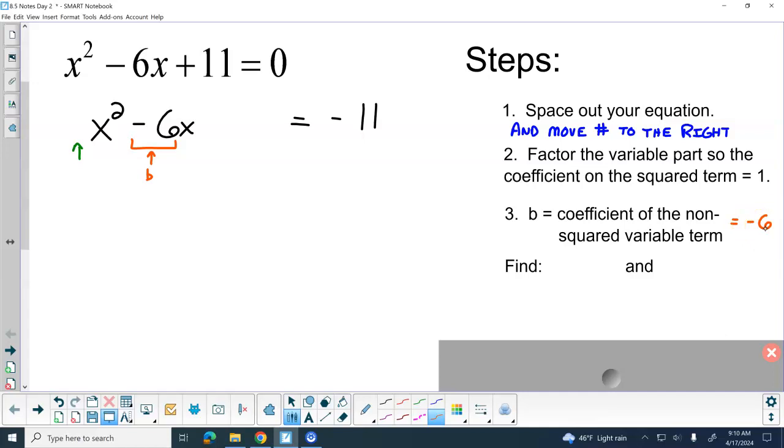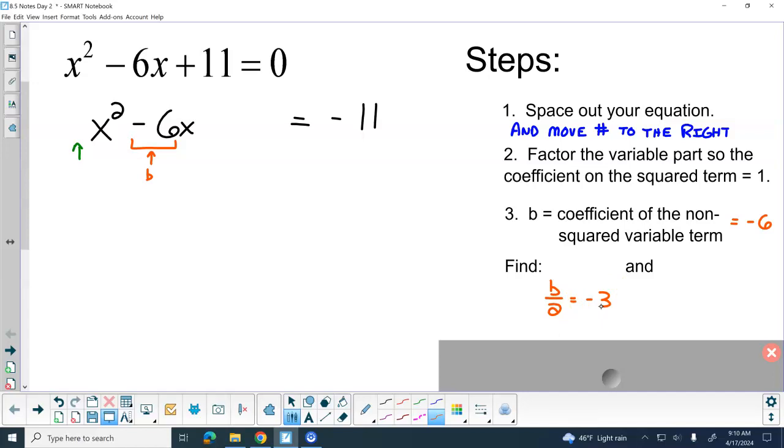Then we're going to find b over 2. We're going to divide that term by 2. So negative 6 divided by 2 is negative 3.